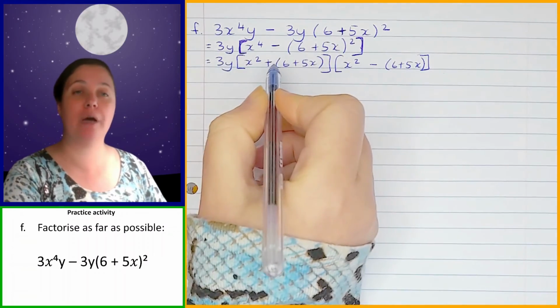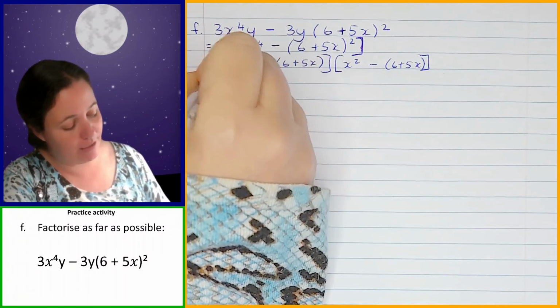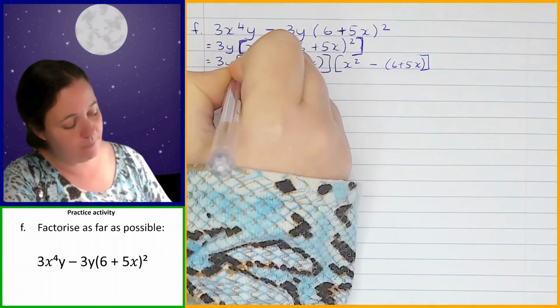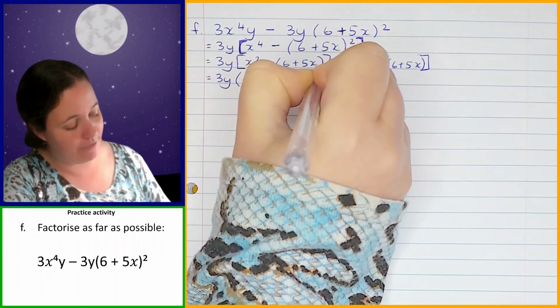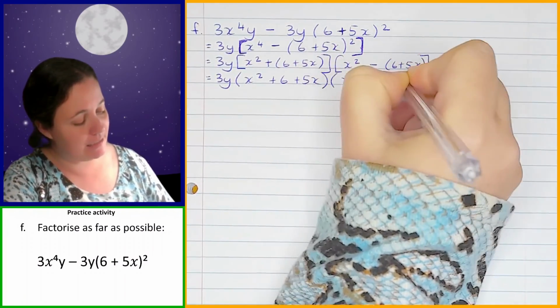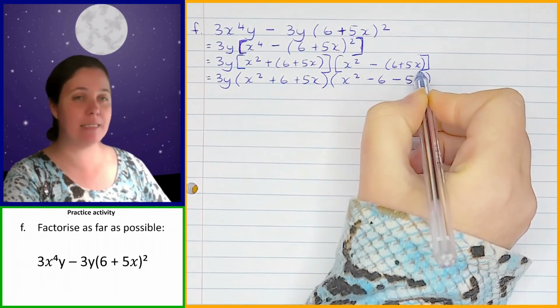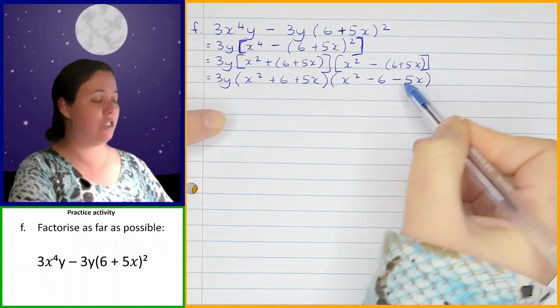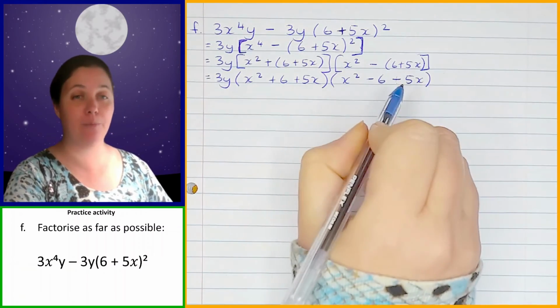Then I'm going to multiply out what I've got inside those brackets. So I've got 3y, then x squared plus 6 plus 5x, then x squared minus 6 minus 5x. If you didn't put the brackets there and you just went straight ahead, you would have ended up with minus 6 plus 5x, so you would have had a problem here.